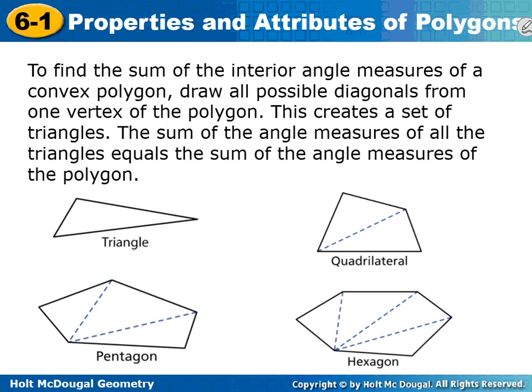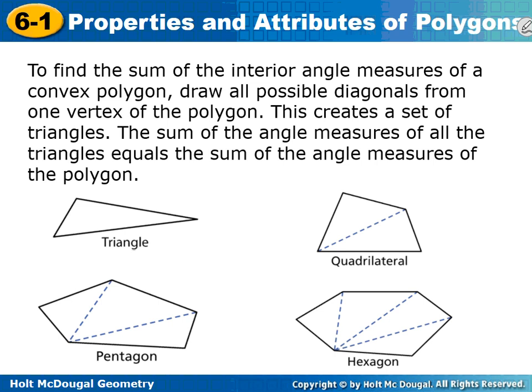Okay, let's investigate just for a second. Let's go to the quadrilateral. In my quadrilateral, let's say that this is regular, so this is 90, 90, 90, 90. What is each exterior angle going to be? 90. Is everybody okay with me saying this is 90, 90, 90, 90?